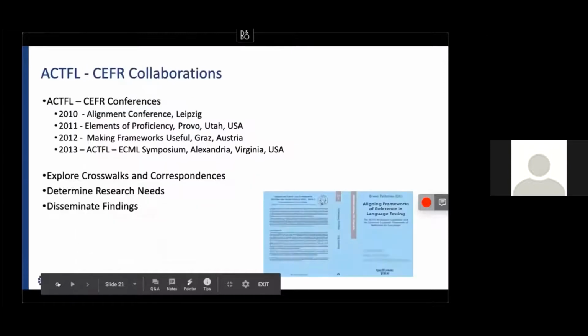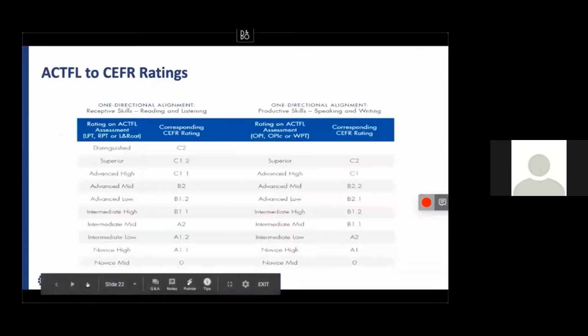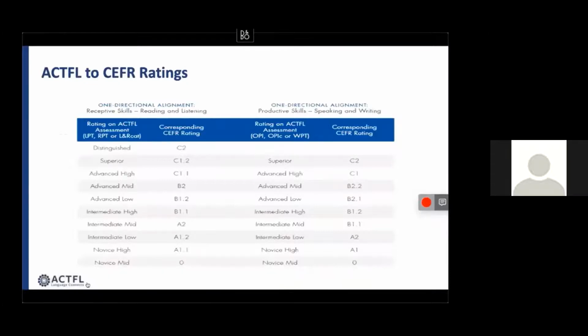And in fact, one publication that came out of this collaboration, aligning frameworks of reference and language testing, was edited by Dr. Erwin Turner at the University of Leipzig and is available through the ACTFL store. Next frame. These research initiatives have led to some correspondences between ACTFL ratings and CEFR ratings.